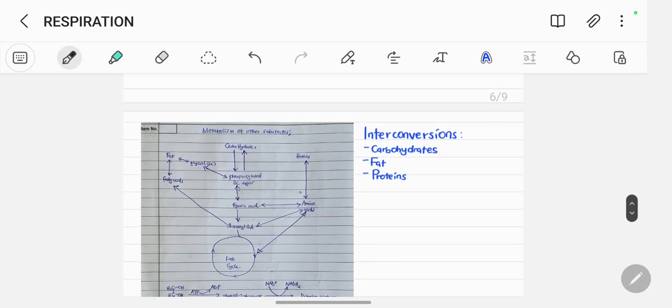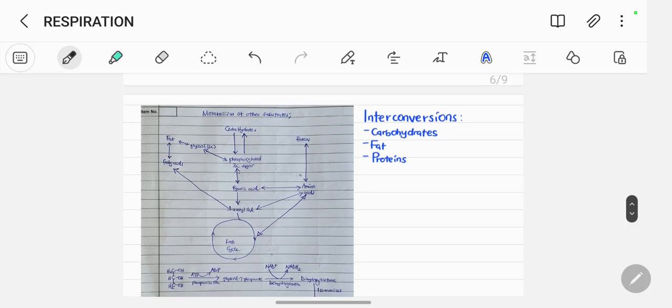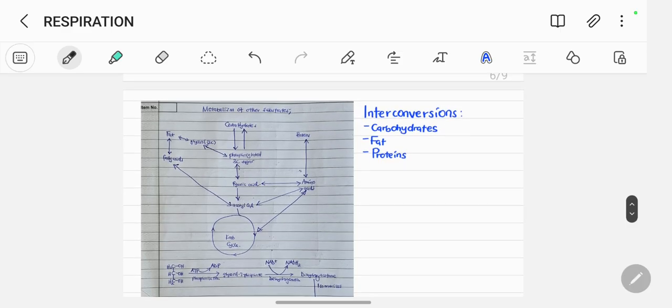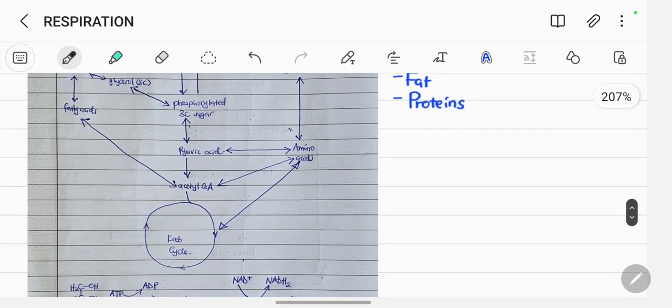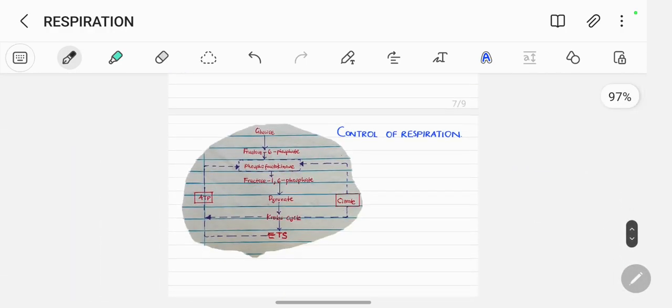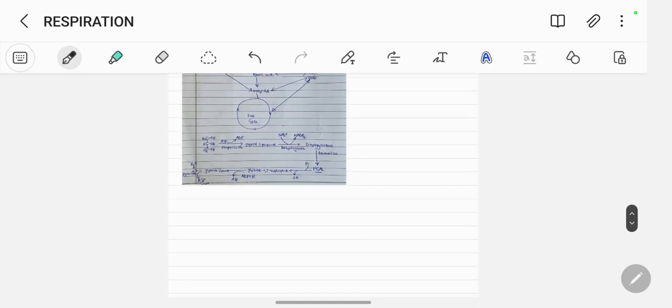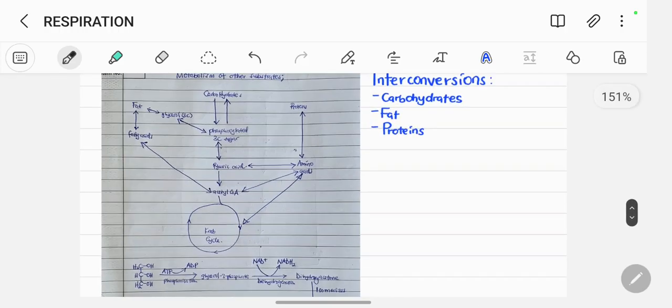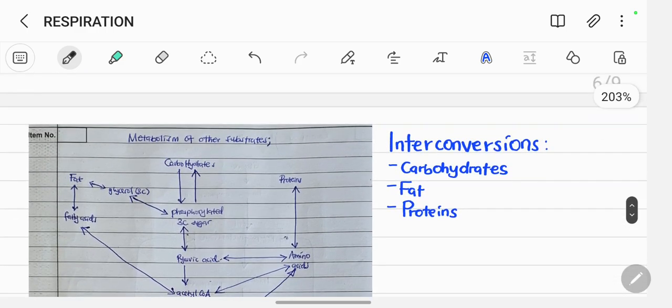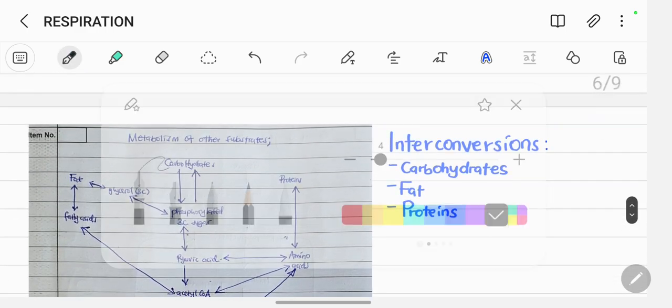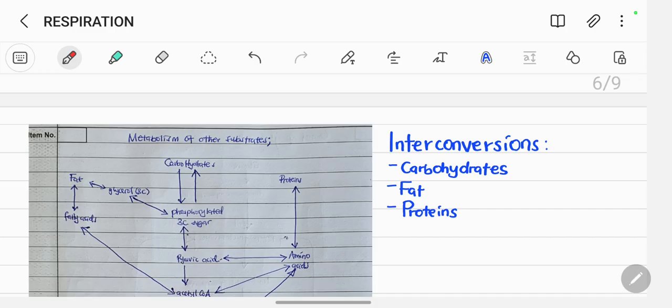So I move on to our interconversions of carbohydrates. I'm closing the topic. So we are left with only this control of respiration, and that's it. We shall be done. So we move on to metabolism of other substrates.